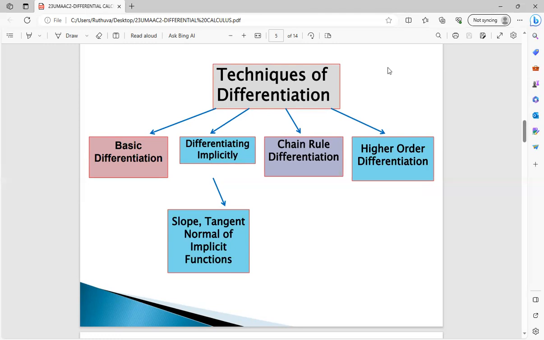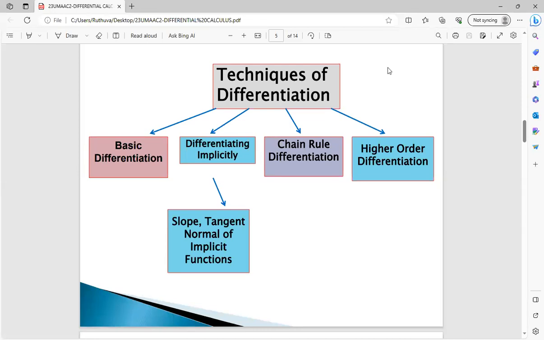So y equal to x, then dy by dx equal to 1. Suppose we are taking y equal to x squared. So the function is y equal to x squared, differentiating with the variable x. So dy by dx equal to 2 into x. These are the basic differentiation.